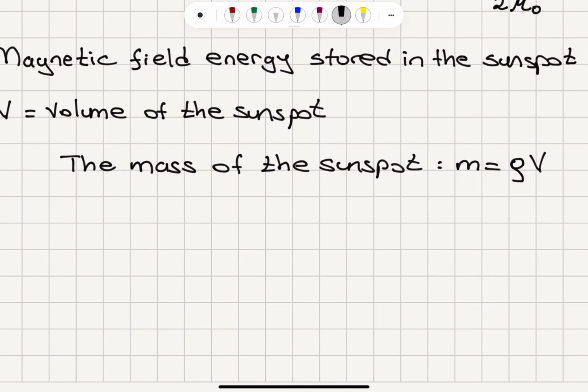Now we're assuming that all of that magnetic field energy, b squared times volume V, divided by 2 mu 0, is converted to kinetic energy, which is 1 over 2 mass of the sunspot times its velocity squared.